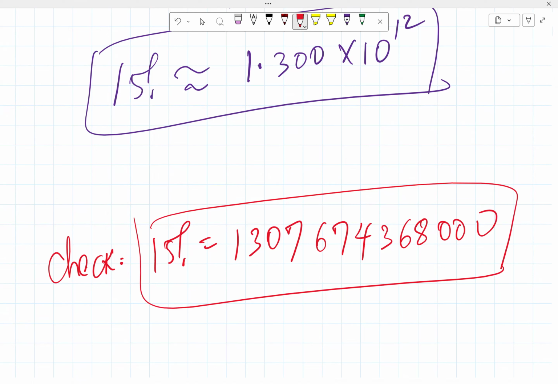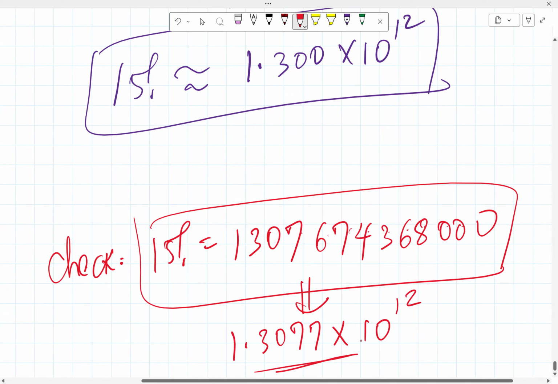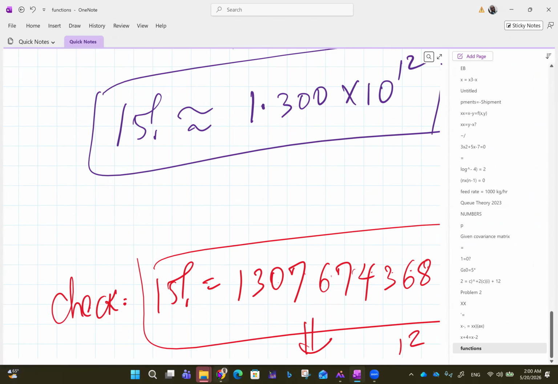That's close enough because this is the same thing as 1.3077 times 10 raised to power 12. So good enough. With that, we come to the end of solving the problems attached to this.